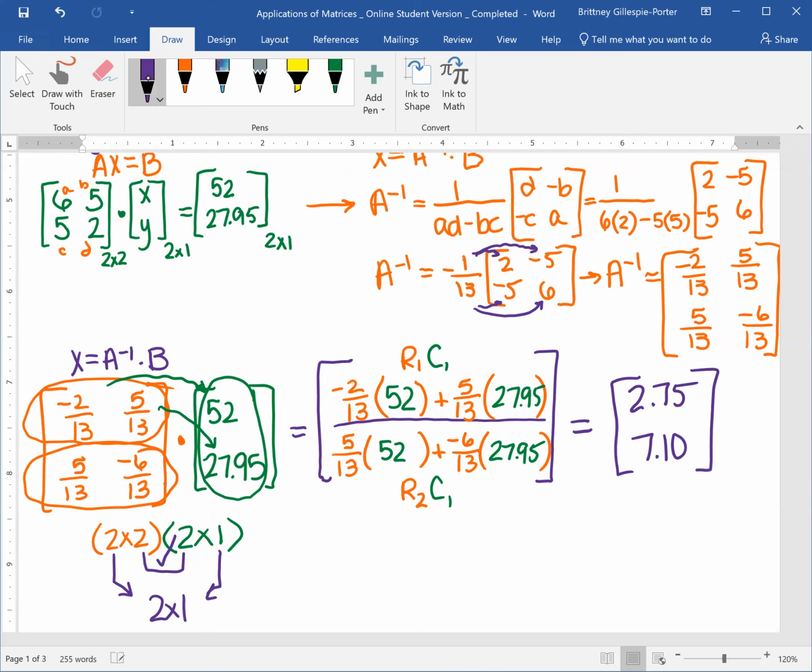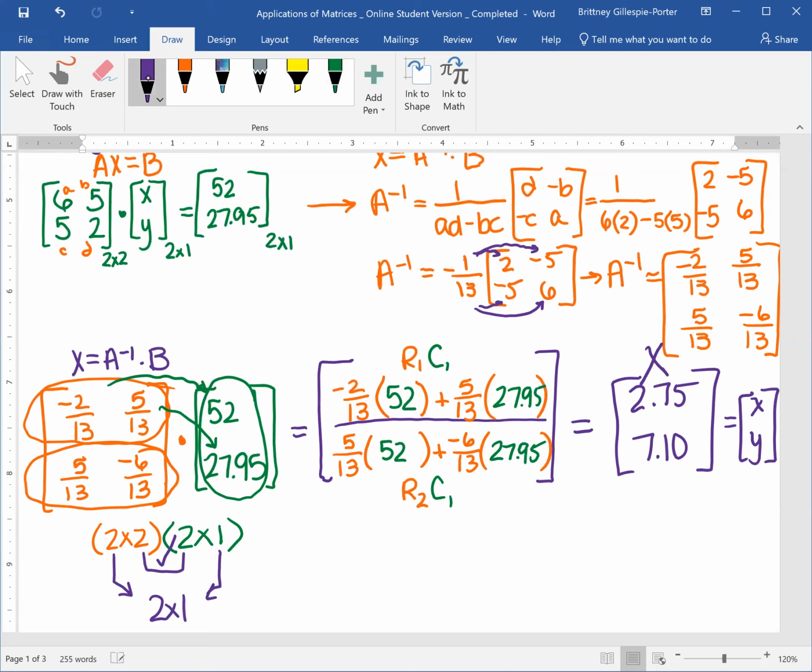This is in a matrix. And remember, this is matrix X, which was equal to little x, little y. You can't stop here. We need to explain what we found. X is going to be $2.75 per pound.